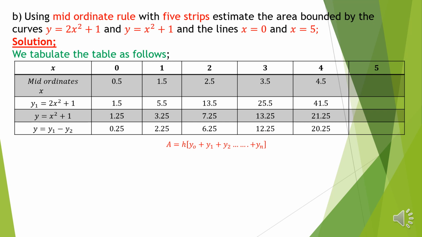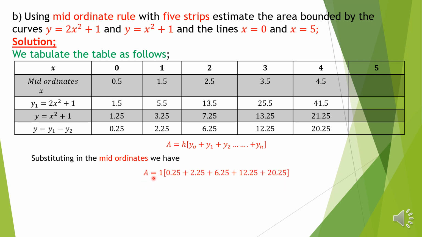Therefore, we will substitute the mid-ordinates into that formula, and by so doing, we will have that A equals 1, that is the height, times 0.25 plus 2.25 plus 6.25 plus 12.25 plus 20.25. By summing that up, you end up with your answer being 41.5 square units.